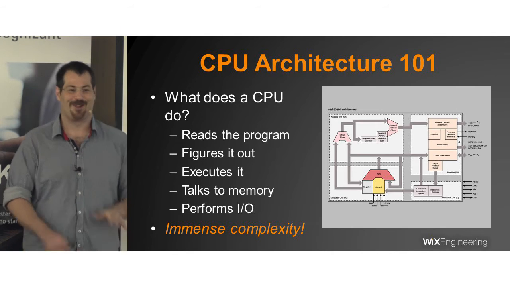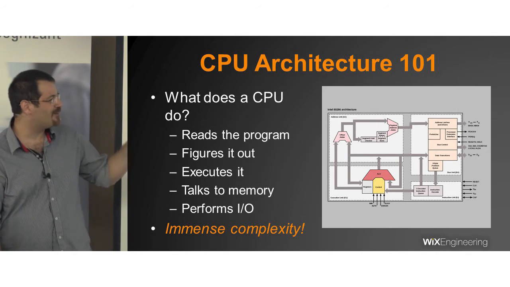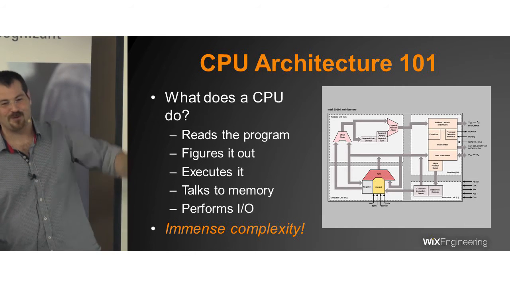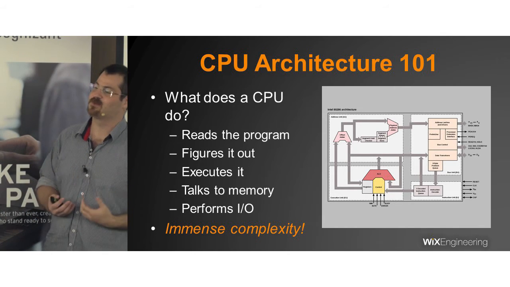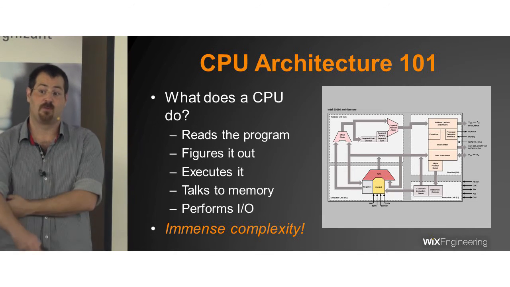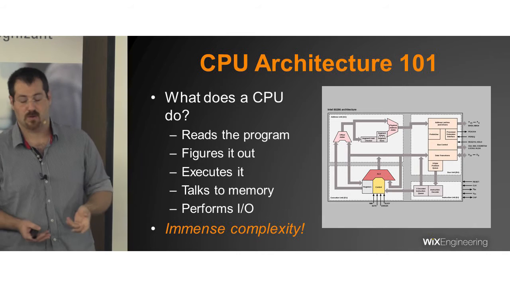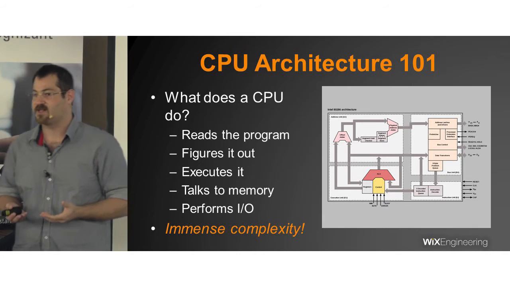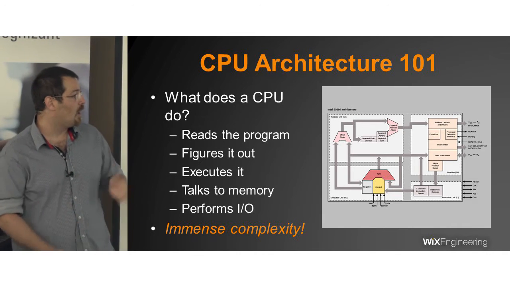This is incredibly complex, right? All of that stuff I just glossed over is the source of immense complexity, and it's taken all of 50 years to get to the point where we are now, where we take these things for granted and they work fast enough that we don't care.